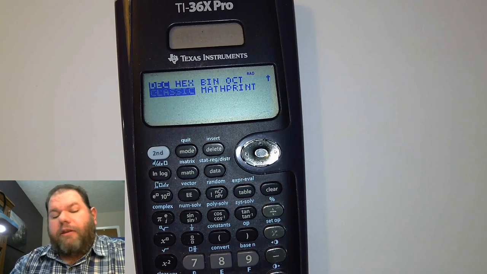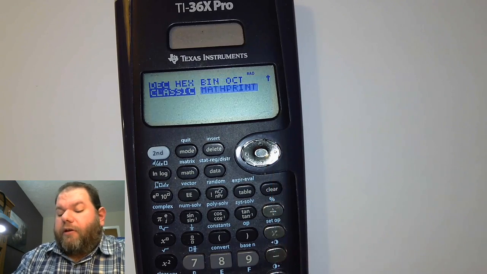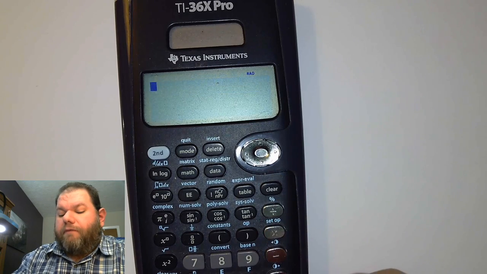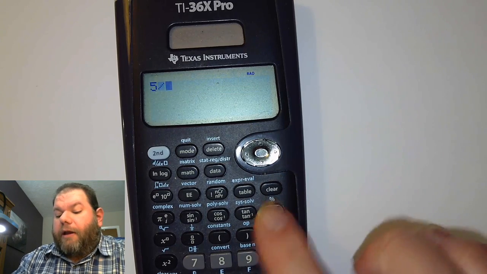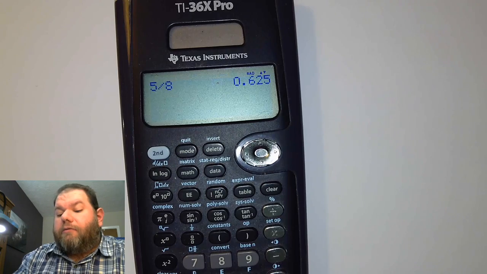But the TIs use this math print thing. When I turn that on, if I do 5 divided by 8, well, no, I didn't do it right that time.